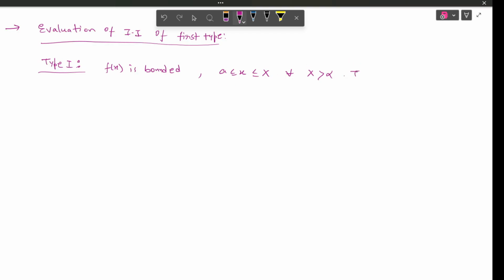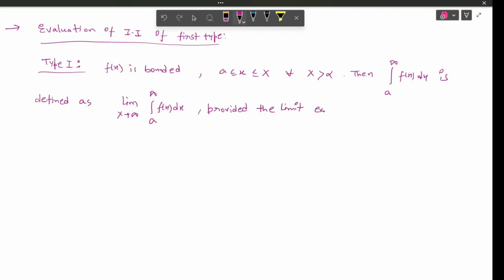Then we can say that integration a to infinity f(x) dx is defined as the limit as X tends to infinity of integration a to X f(x) dx, provided this limit exists. So you have to know this, provided the limit exists.